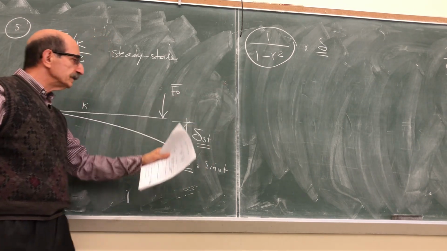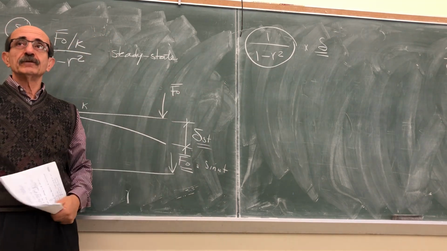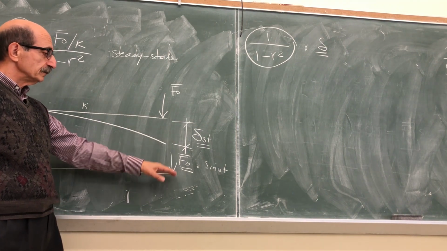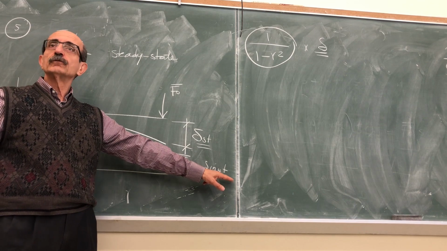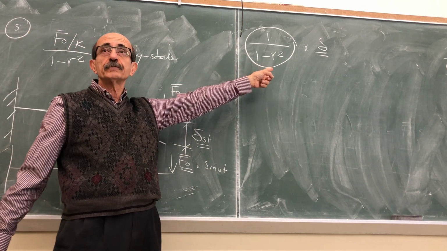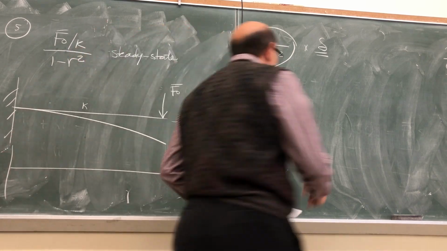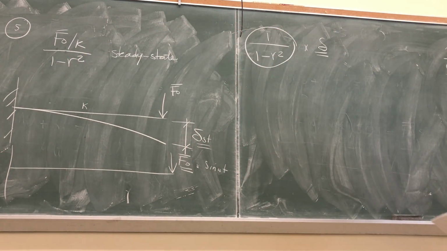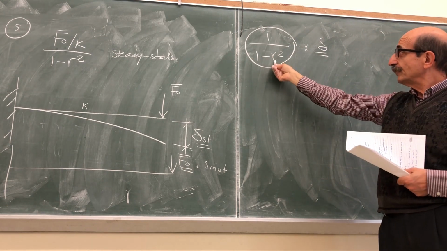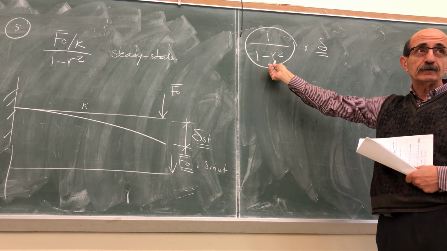So if you can find the static displacement of the system, and the system is now vibrating under the action of a sinusoidal force, to find this displacement, just multiply that by this, okay? But what about this? The magnitude of this depends on the value of this frequency ratio.